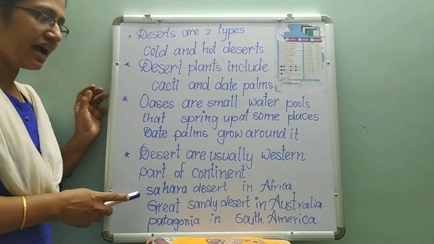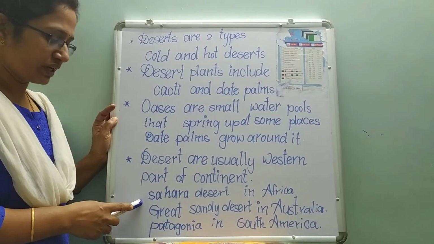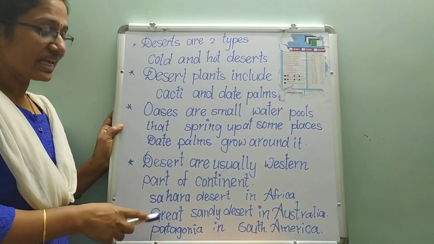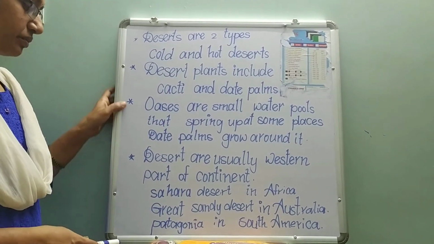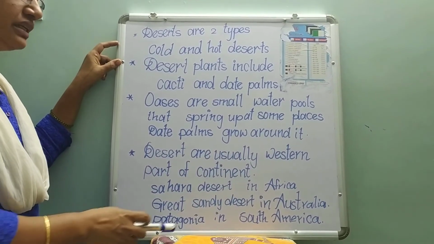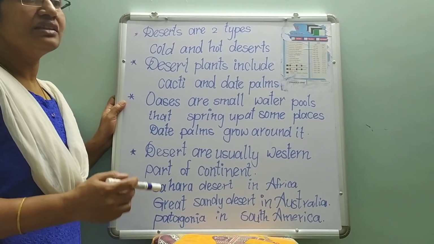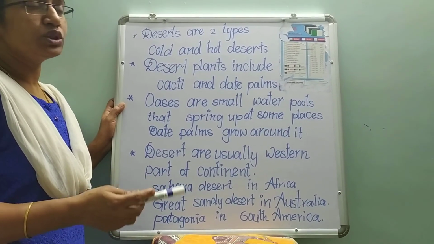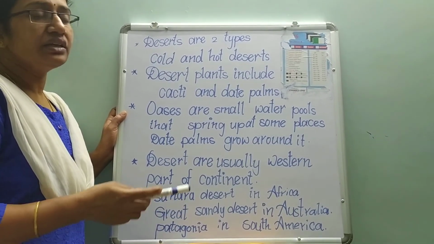One is the Sahara desert, which is situated in Africa, and the Great Sandy Desert, which is in Australia, and Patagonia. Patagonia is one of the deserts in South America, and one more is our desert, the Thar desert, which we can also call the Great Indian Desert, which is in India.